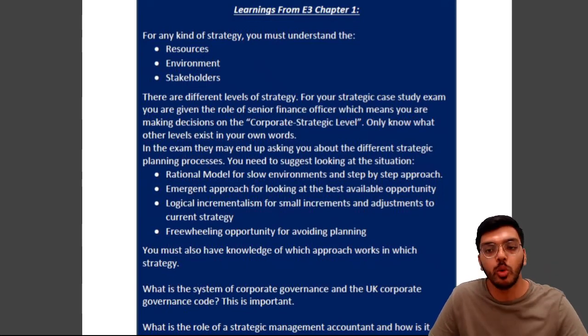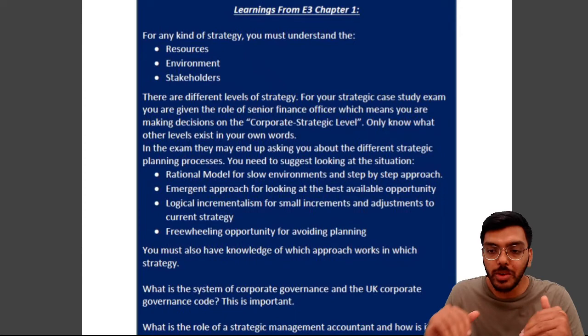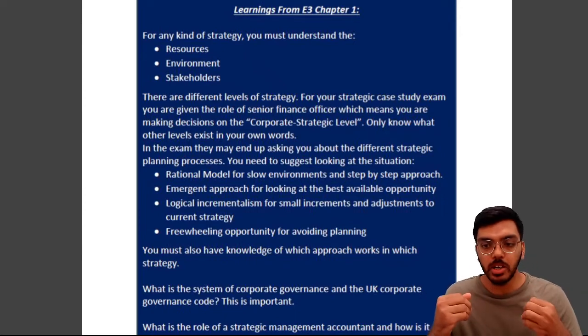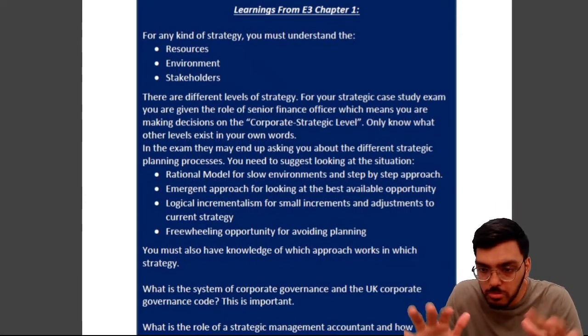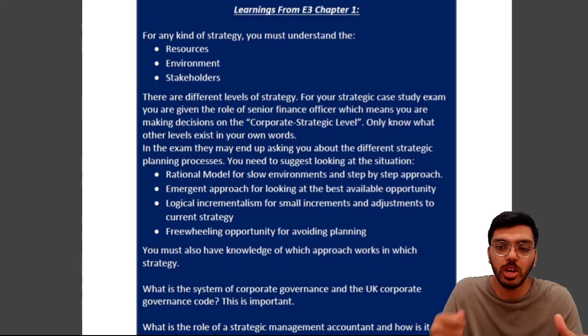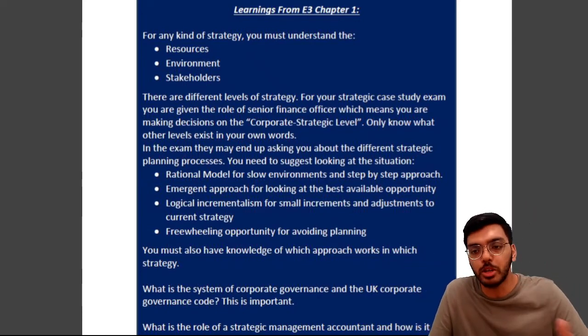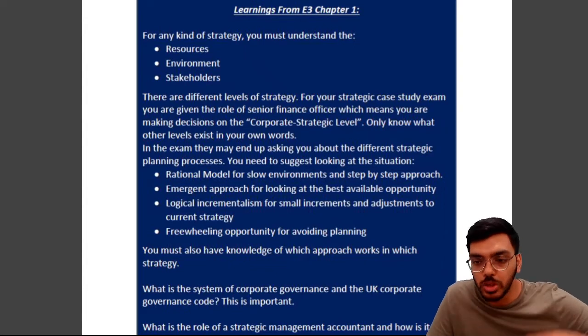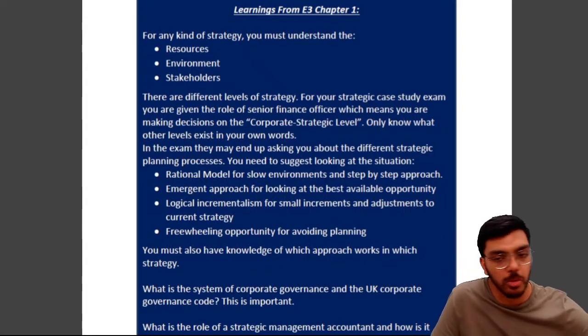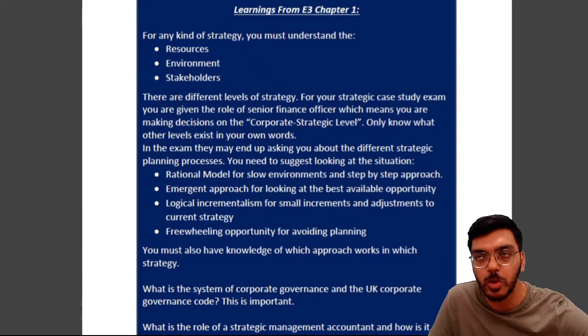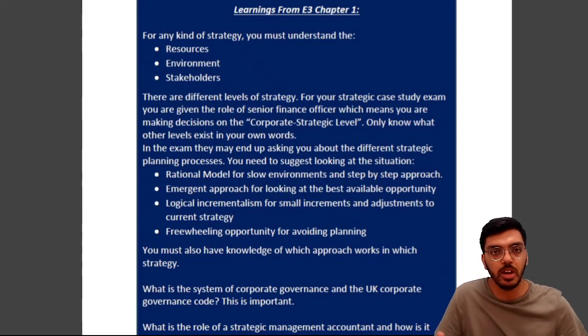In your own words. So what we recommend is students take up a learning, close your eyes or shut the notes, and see if you are able to deliver an explanation of the same. For example, corporate governance. Are you able to explain what corporate governance is, how it works, and what the UK Corporate Governance Code is?